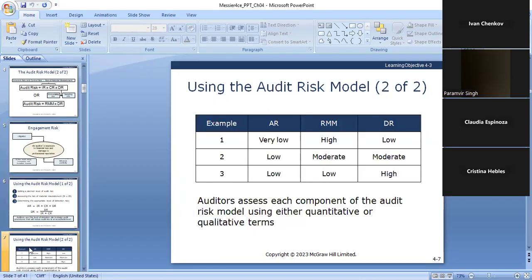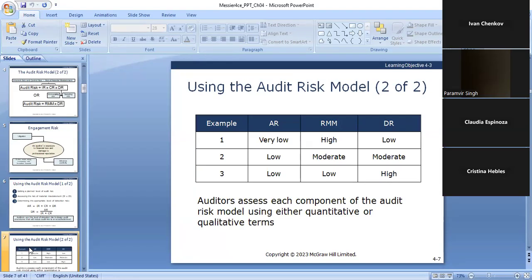So how are we going to use this model? If we want the audit risk to be very low, and we're assessing that inherent risk and control risk, which is the risk of material misstatement, as high, that means the detection risk has to go low in order to achieve a very low audit risk.